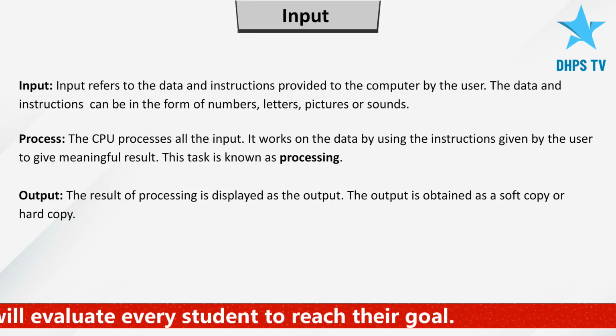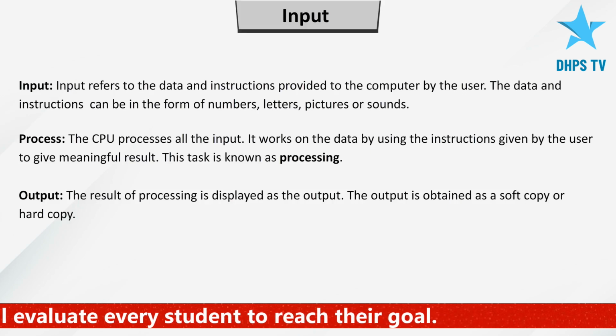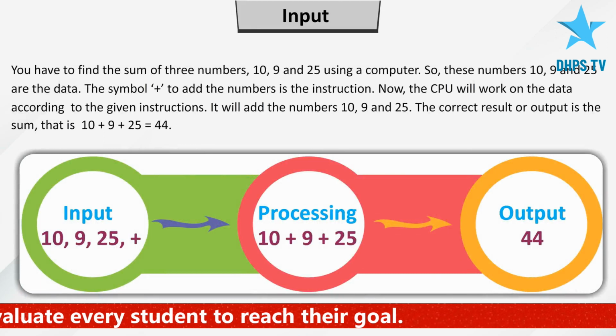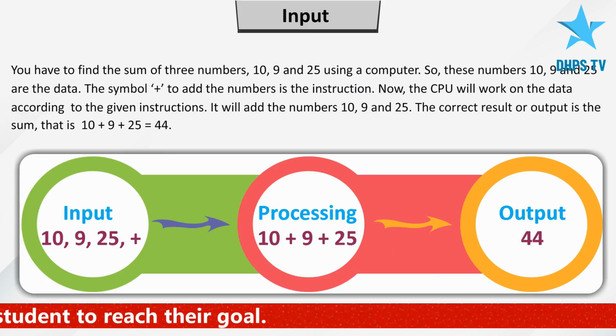Let us now understand the working of a computer with an example. You have to find the sum of 3 numbers, 10, 9, and 25, using a computer. So, these numbers 10, 9, and 25 are the data. The symbol plus to add the numbers is the instruction.